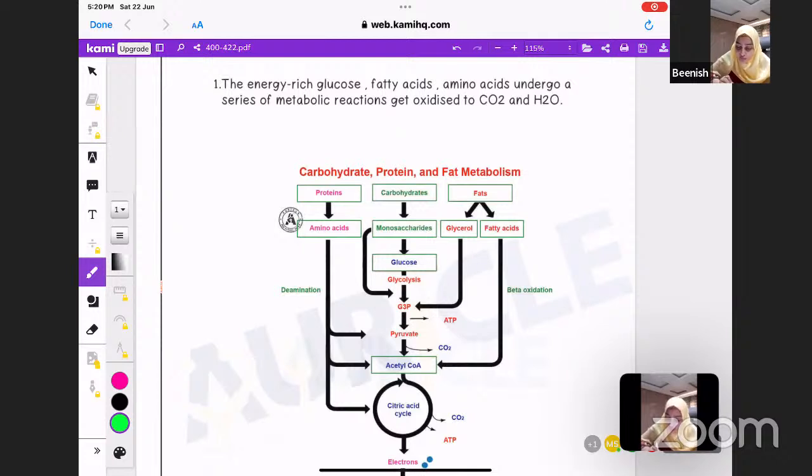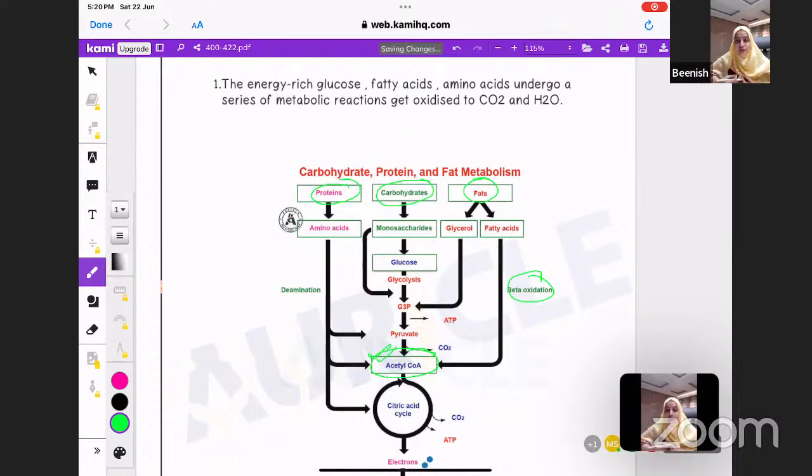So what is happening? The major macromolecules in your diet are proteins, carbohydrates, and fats. All of these ultimately converge into what? Acetyl-CoA. Carbohydrate undergoes glycolysis, forming pyruvate. Pyruvate via the link reaction changes into acetyl-CoA. Your fats break down into glycerol and fatty acids, and the fatty acids undergo beta oxidation and give you acetyl-CoA.